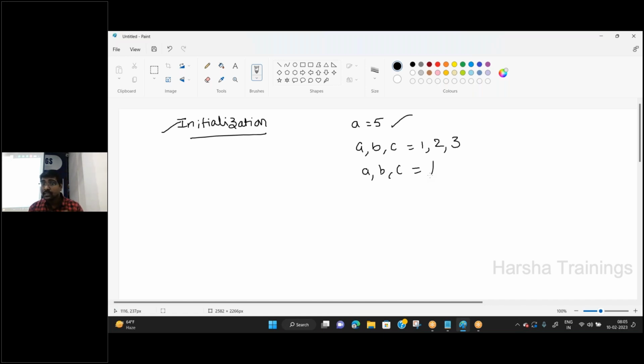Now, what is the important thing? At the time of this assignment, remember one important point: the number of variables must be equal to the number of values. If both are mismatched, we get an error. What is the error name? The error name is ValueError.